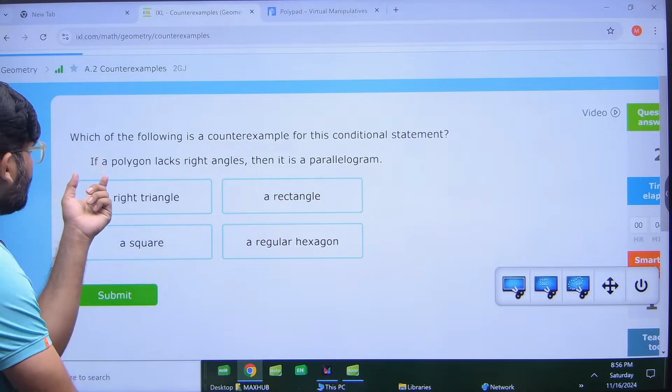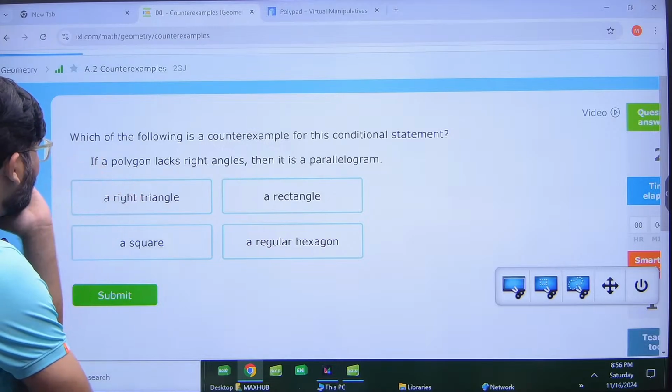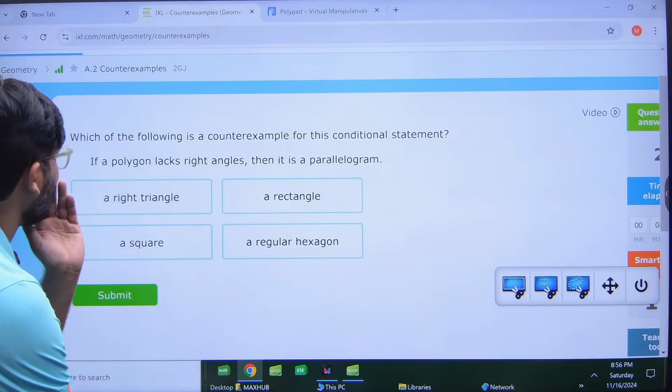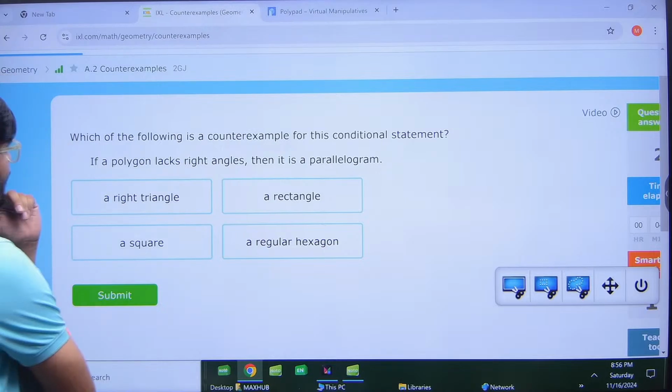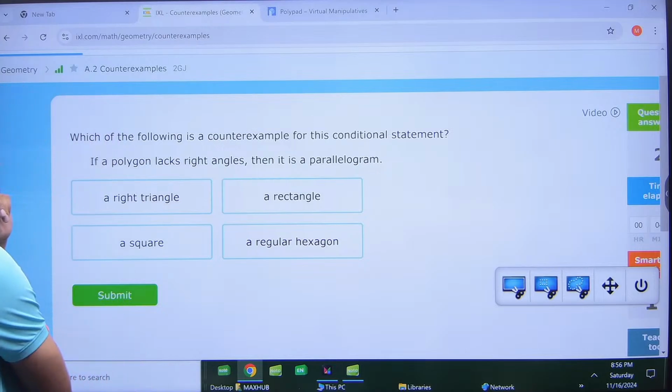A right triangle, yes, you can say like that. A right triangle is not a parallelogram, but it has a right angle.